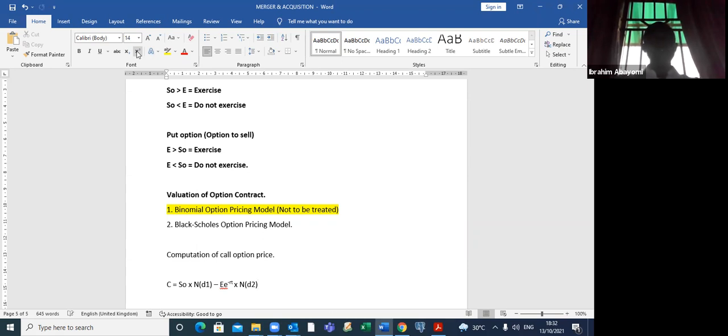This is the formula for computing call option price.